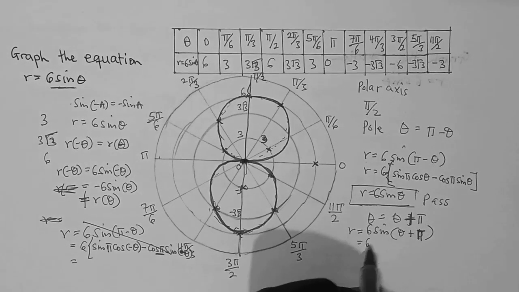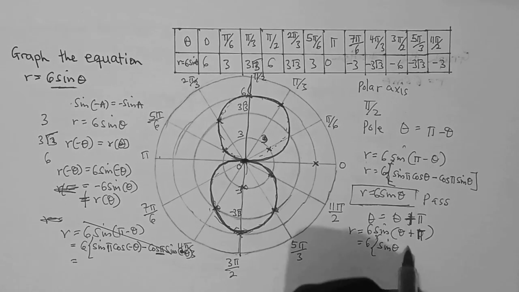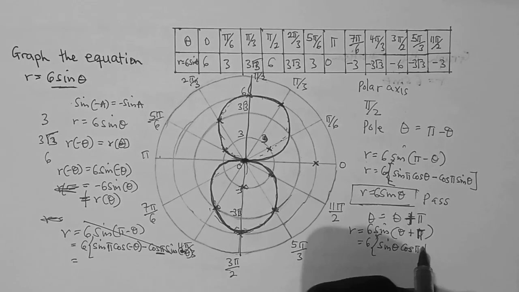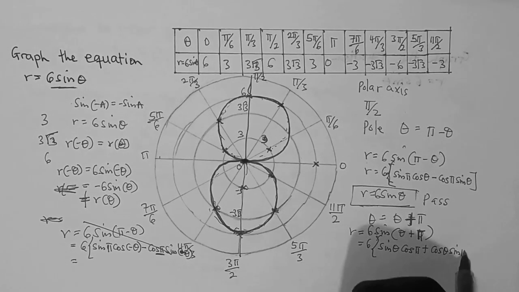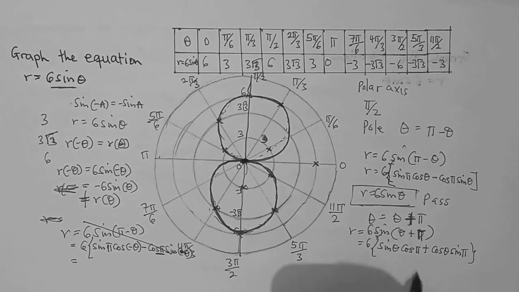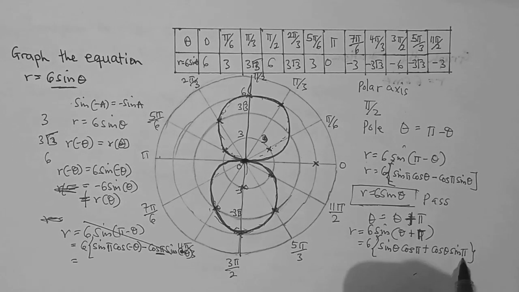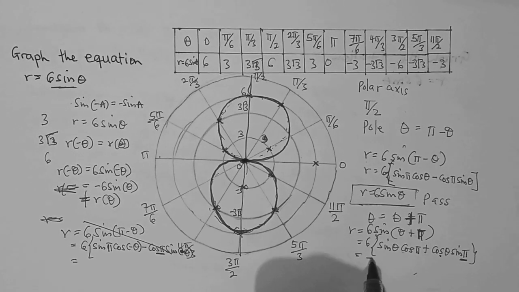So this is equal to 6, then sine theta cos pi plus cos theta sine pi. Now, what is sine pi? Sine pi is 0, so all of this will go to 0. But cos pi is minus 1, so this becomes equal to minus 6 sine theta.